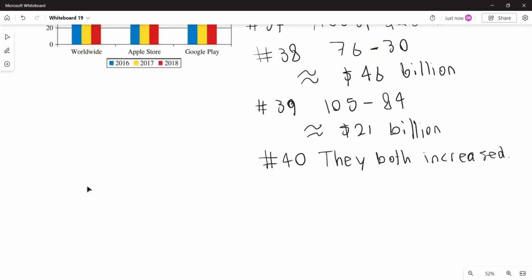Okay, this is going to be the last example. It is going to be questions 45 through 48 on page 37. So these are going to be the last ones.